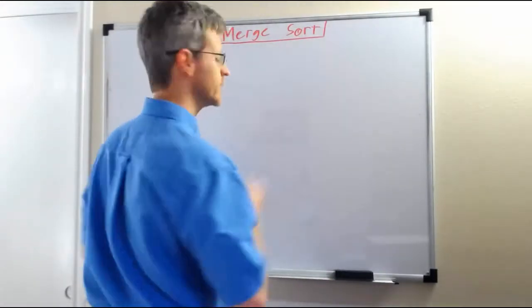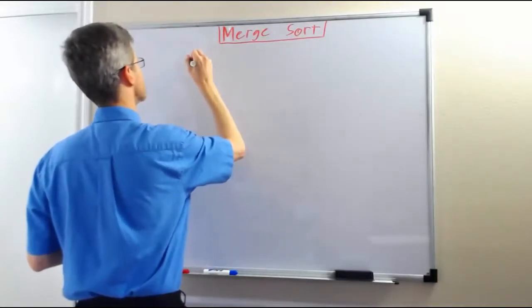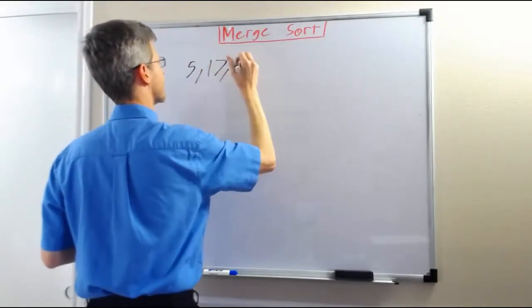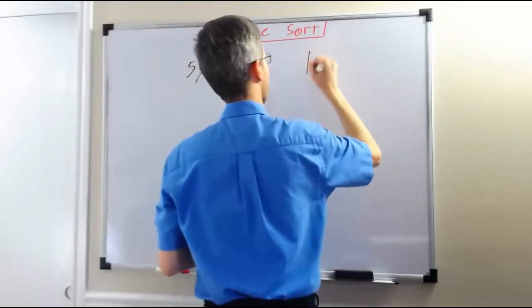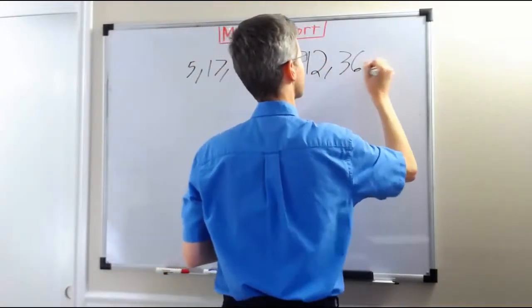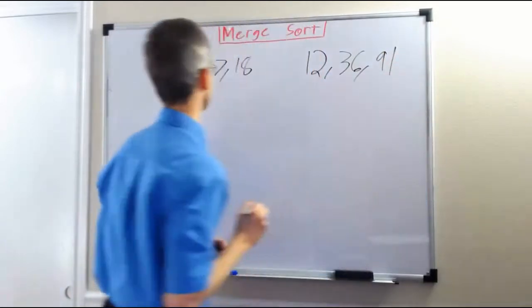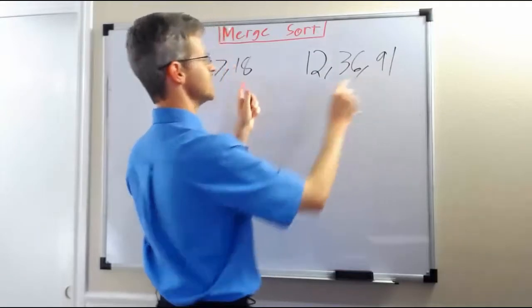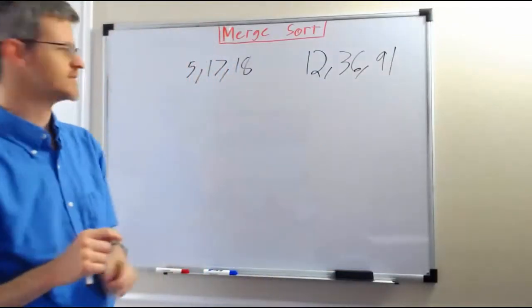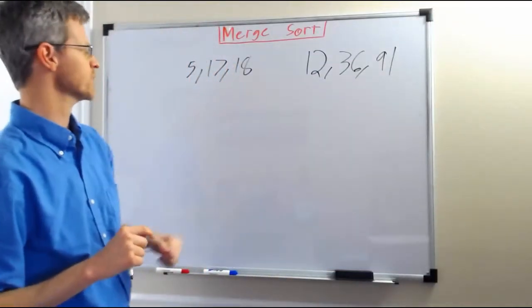So let's suppose that we have two sorted lists, let's say 5, 17, and 18, and 12, 36, and 91. We want to make one sorted list that has the elements from both of these sorted lists, except of course that it's sorted appropriately.